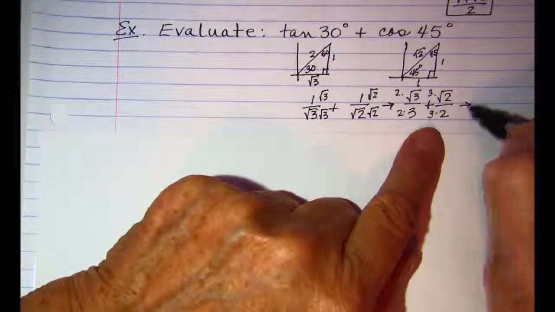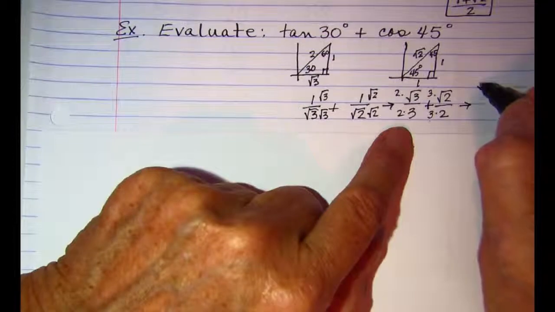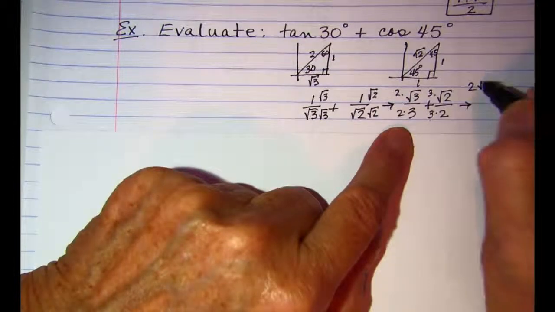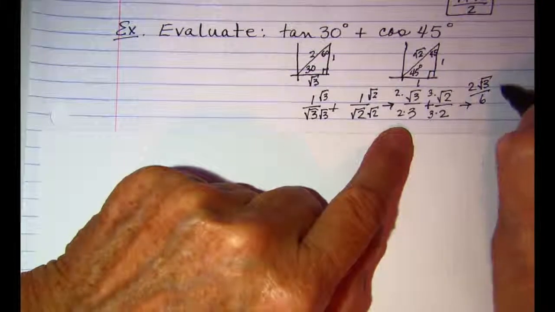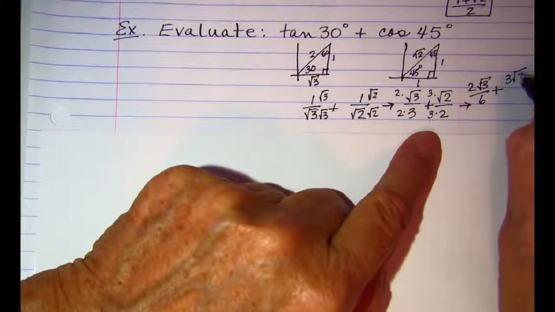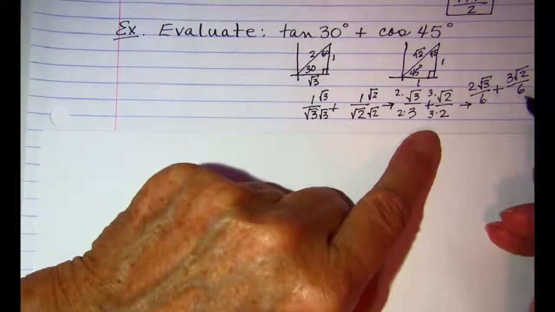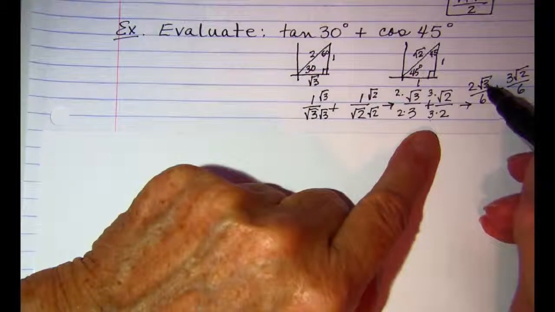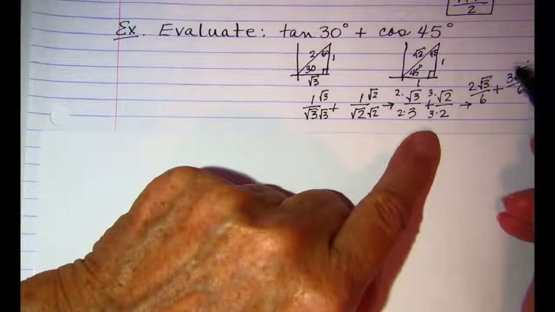So now I have 2 root 3 over 6 plus 3 root 2 over 6. Now they have a common denominator, but this one is a radical 3 term, and this one is a radical 2 term.